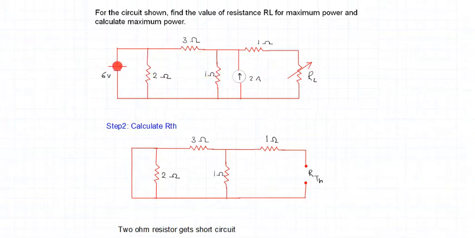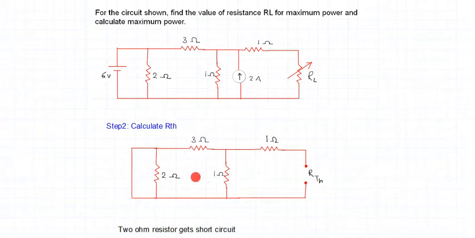So we replace the 6 volts by a short circuit and replace the current source by an open circuit. You can see we have short circuited the voltage source and open circuited the current source here, and the load terminal is where we measure the equivalent resistance RTH.